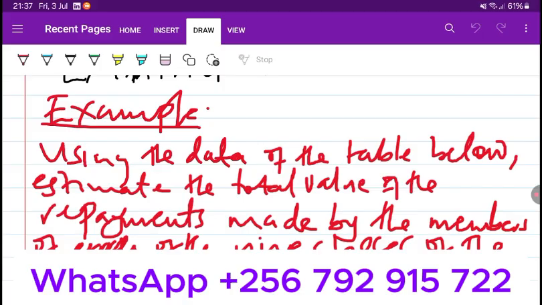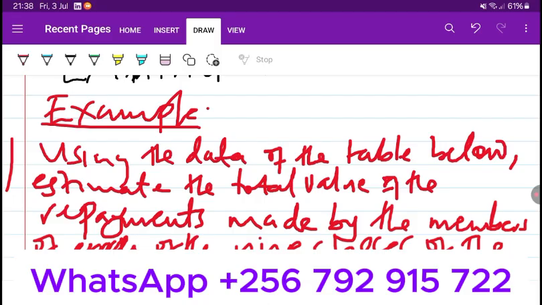Then on this same question we have both part A and part B. This first one was telling us to estimate the total value of the repayments made by the members of each of the 9 classes of the distribution.